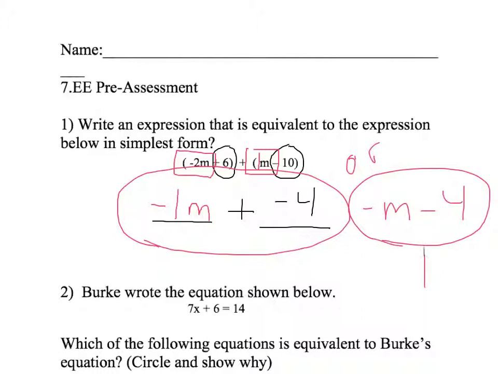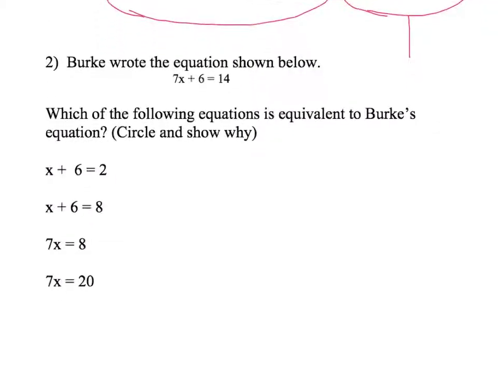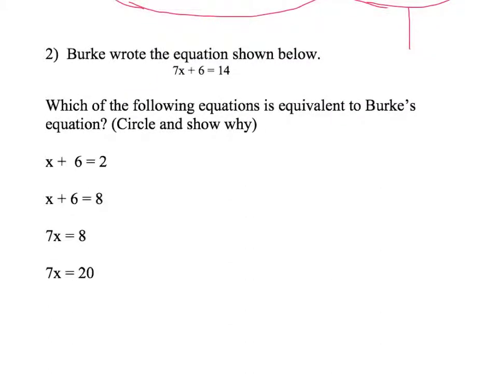The next question is number 2. It says Brooke wrote an equation shown below: 7x plus 6 equals 14. What you're trying to do is select from the equations below which one is going to be the exact same answer for x as Brooke's.